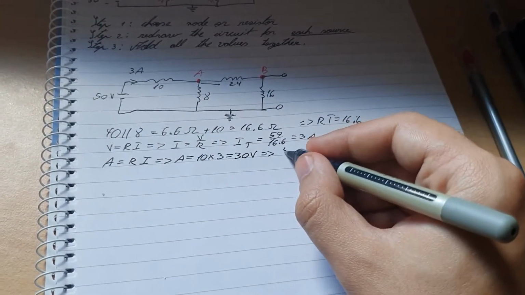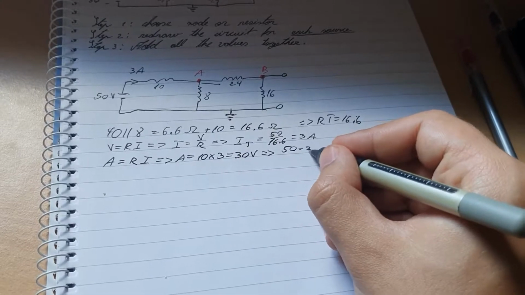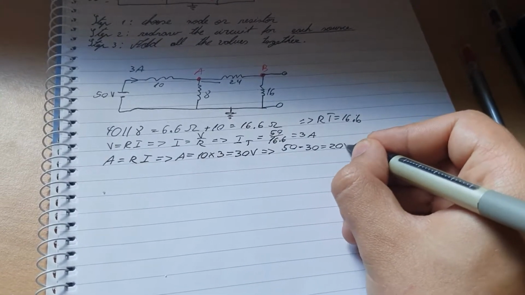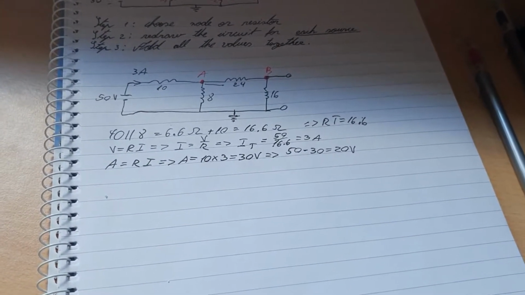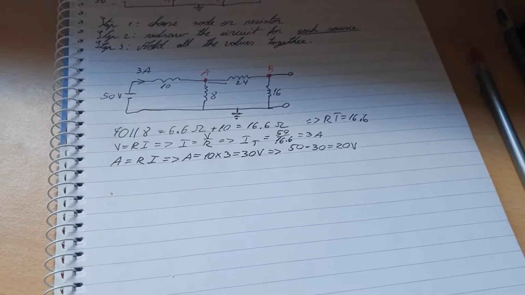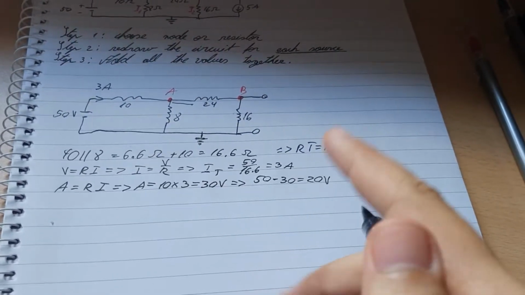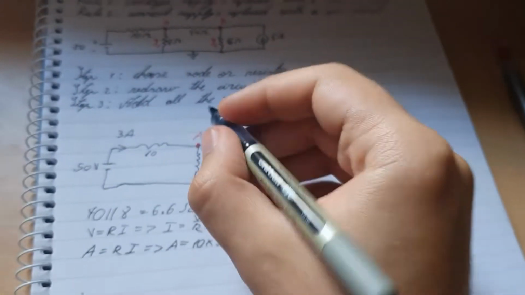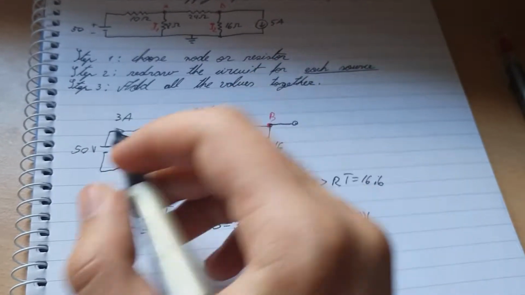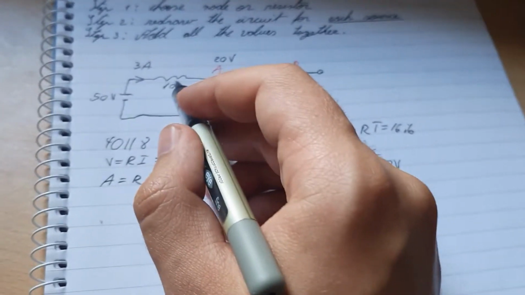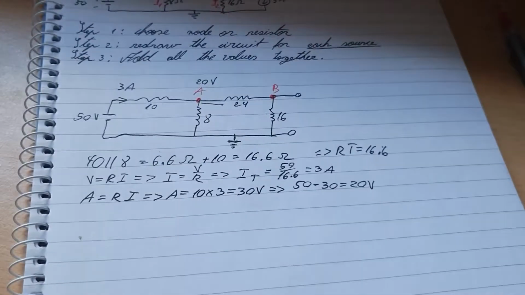Therefore, 50 minus 30 is equal to 20. So A is equal to 20 volts, because 30 volts is stopped by the 10 ohms.